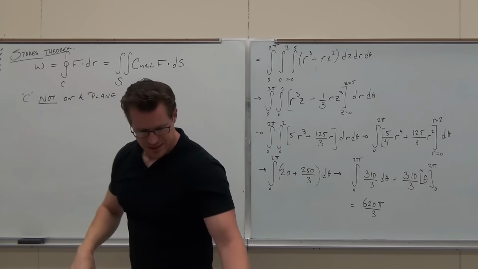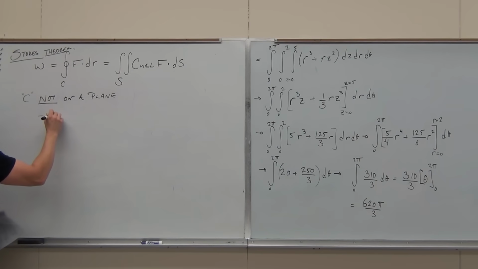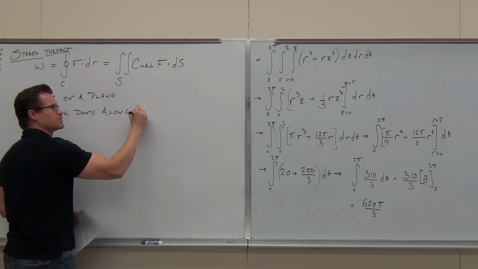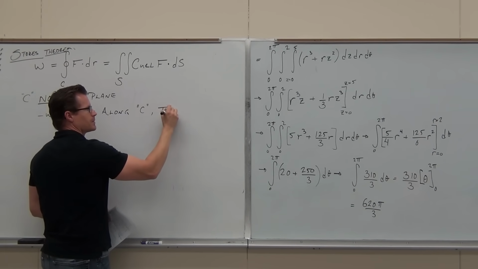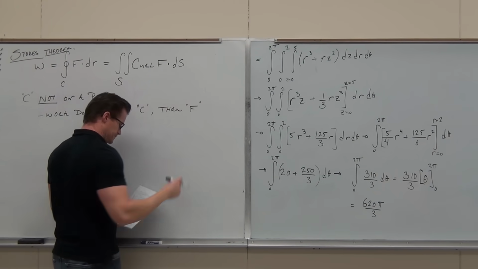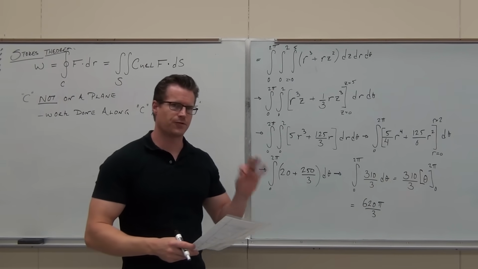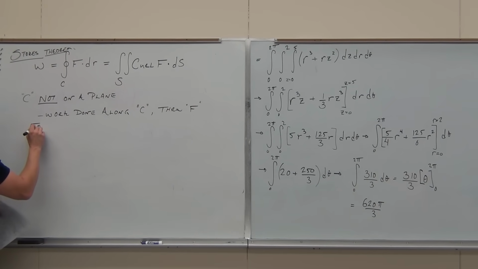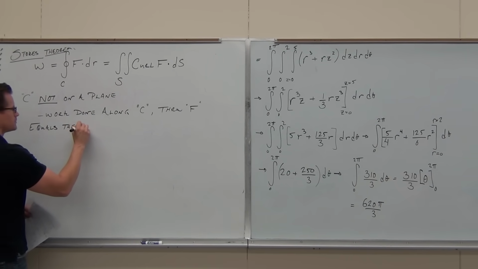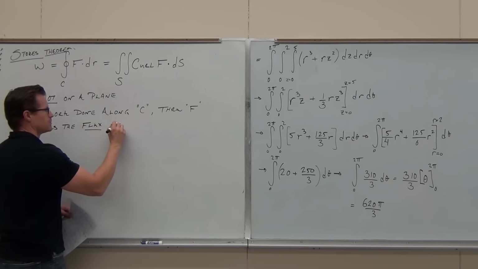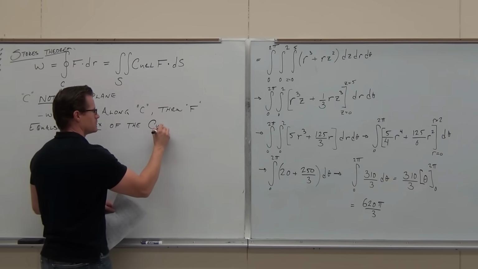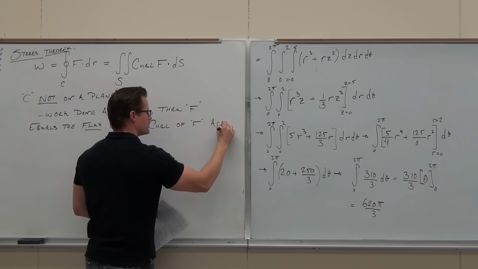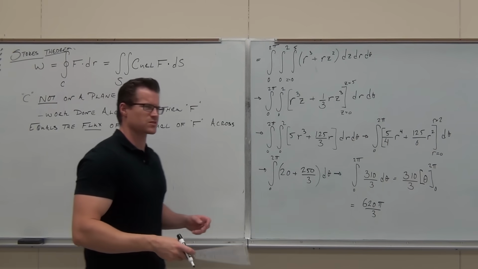So, it says this. It says that the work done along our simple closed curve C through the vector field F equals the flux of the curl of our vector field across what?